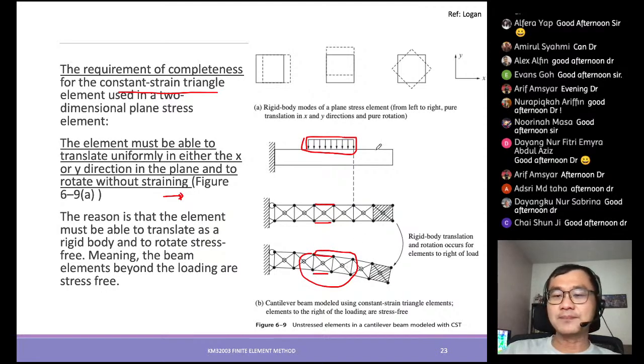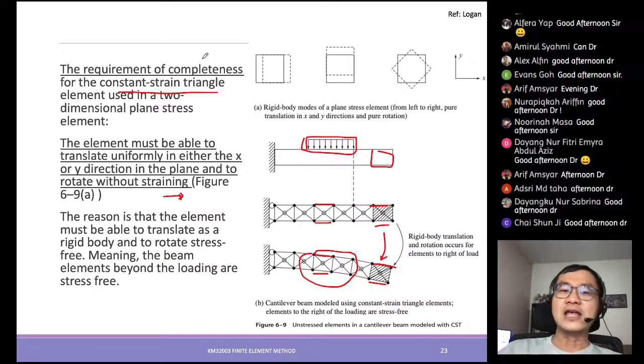Whereas on the part where there is no load acting, the CST element's displacement function should allow it to just displace without deforming. So you can see that the length of these two sides is equal. They only rotate and displace, without deforming.